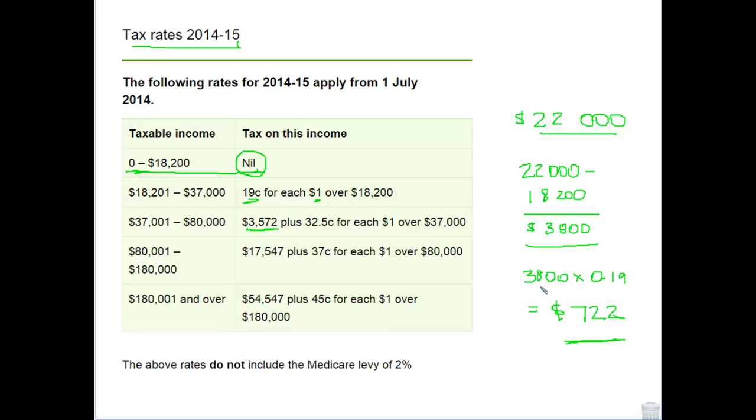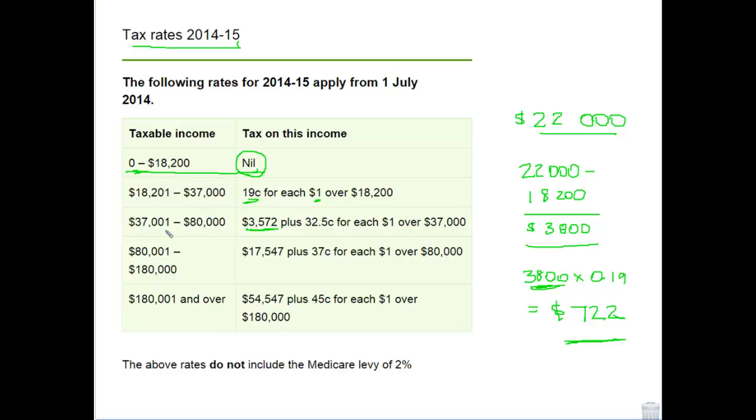That's how much income we're going to have to tax, and that would be 0.19 of the $3,800, which gives us an amount of tax payable of $722. So that's how much tax you would pay. Not too much, but you're paying a little bit. You're earning a little bit over what we call the tax-free threshold, so you are going to have to pay some tax.